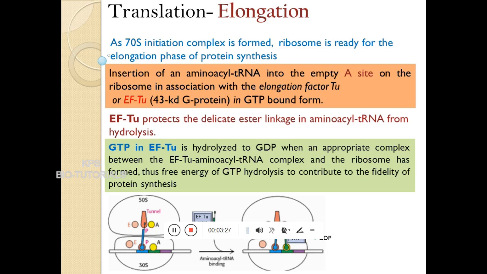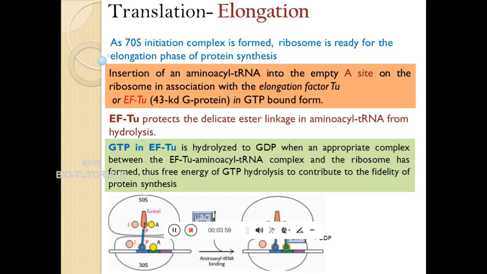So EF-Tu is the first elongation factor, a 43 kD G protein, which acts in the GTP bound form. Like IF2, EF-Tu also acts with the help of GTP hydrolysis, and EF-Tu will bring the amino acid tRNA into the A site.